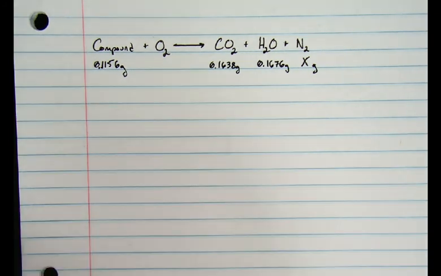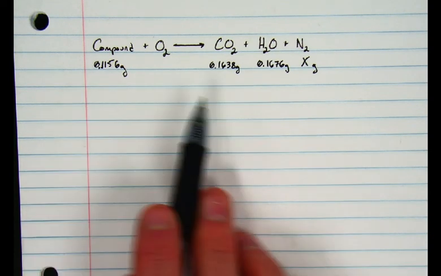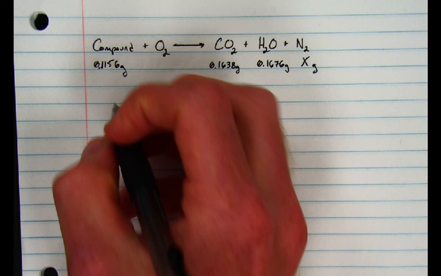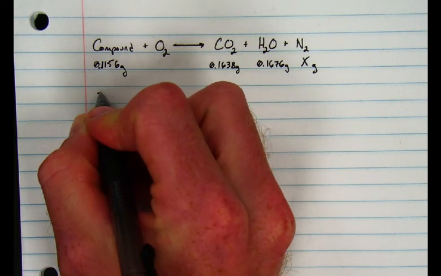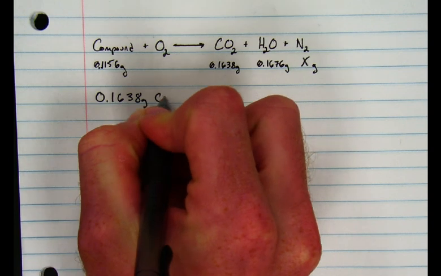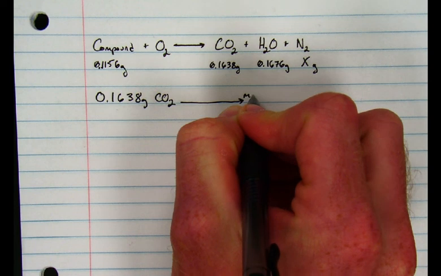Now, when in doubt, always, always, always go to moles. So we can't do that with the compound because there's no formula here. But we can with carbon dioxide. So let's go from grams of carbon dioxide to moles of carbon dioxide.